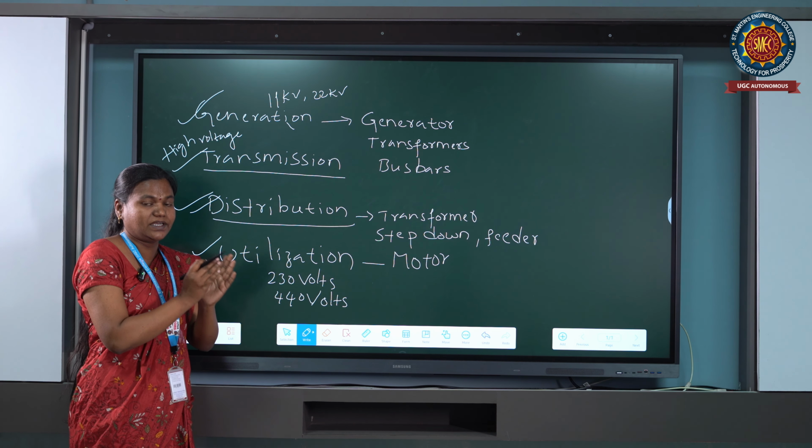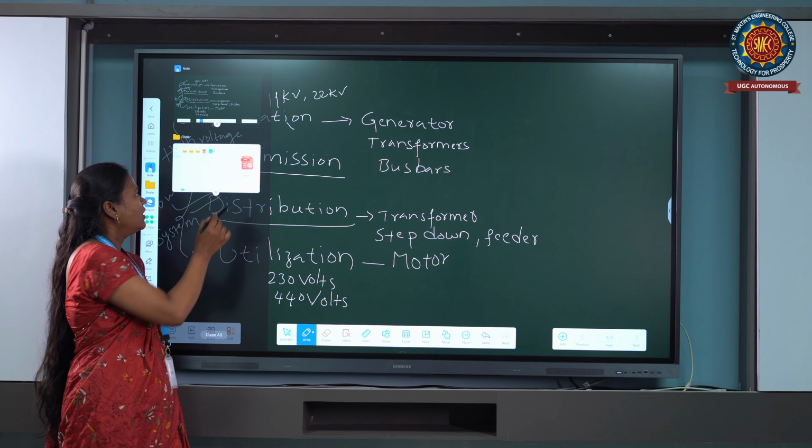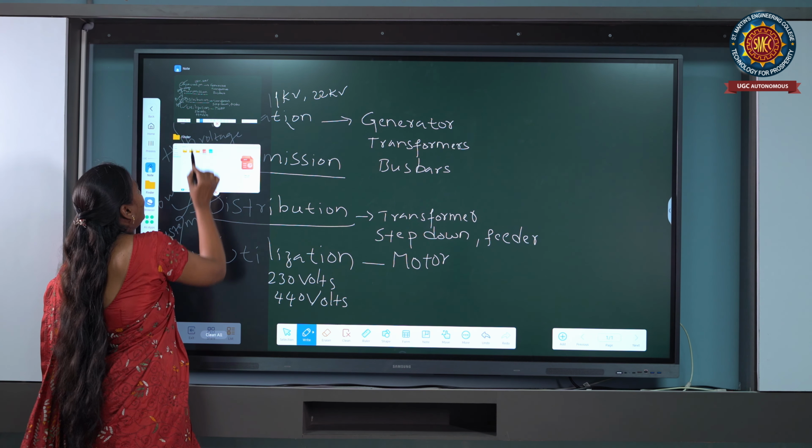Now coming to our topic. What is our topic today? Power system protection. We have to protect each and every equipment. Why do we need to protect each and every equipment? See, here we are going to use big components like generators and transformers.